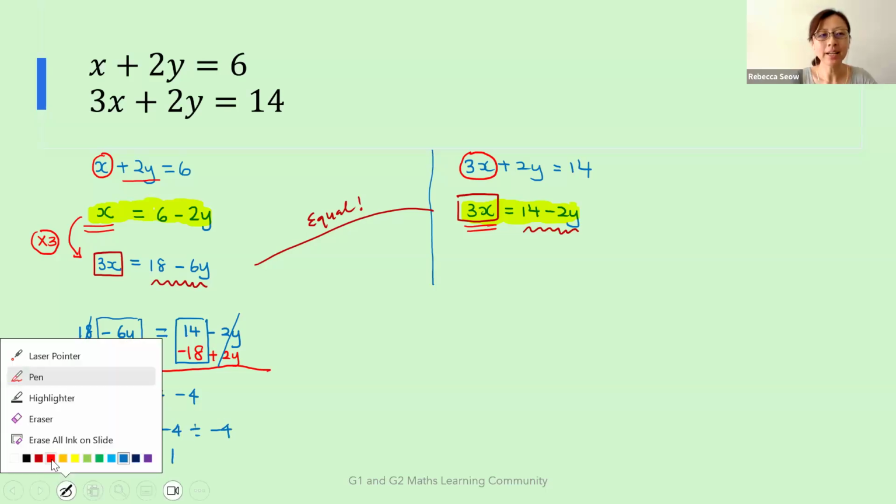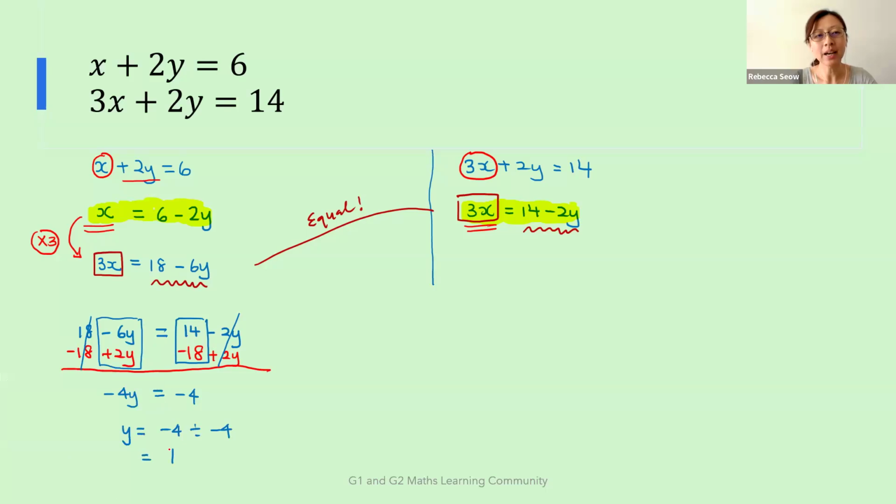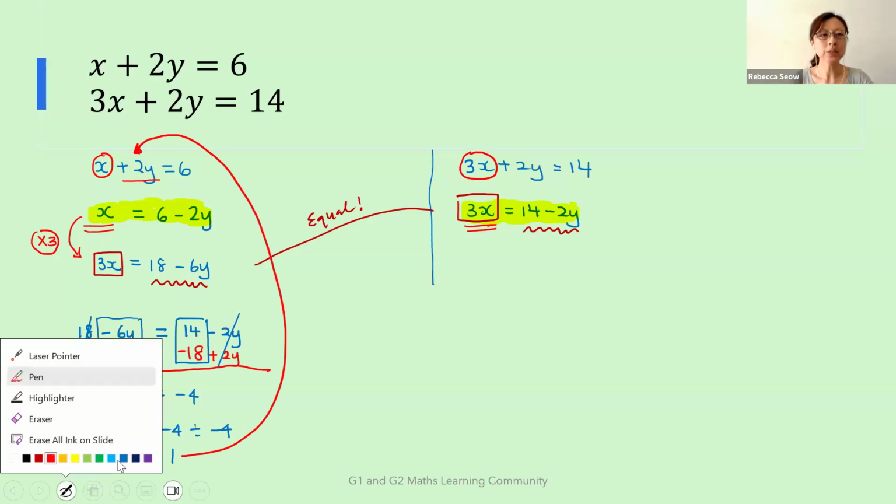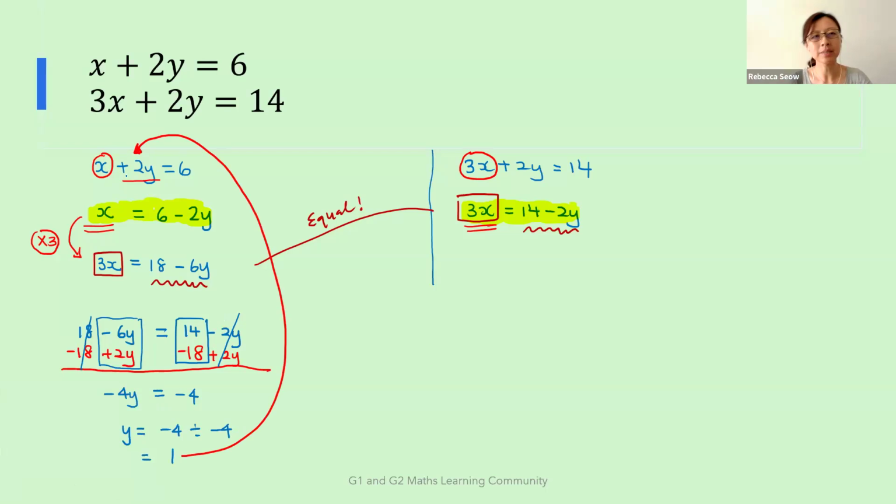Now that I have my value of y, I want to find my value of x. So in the following step, I'm going to substitute this value of y into the first equation on the top left-hand corner. My first equation says x plus 2y equals 6. So x plus 2y, I replace y with 1, equals 6.